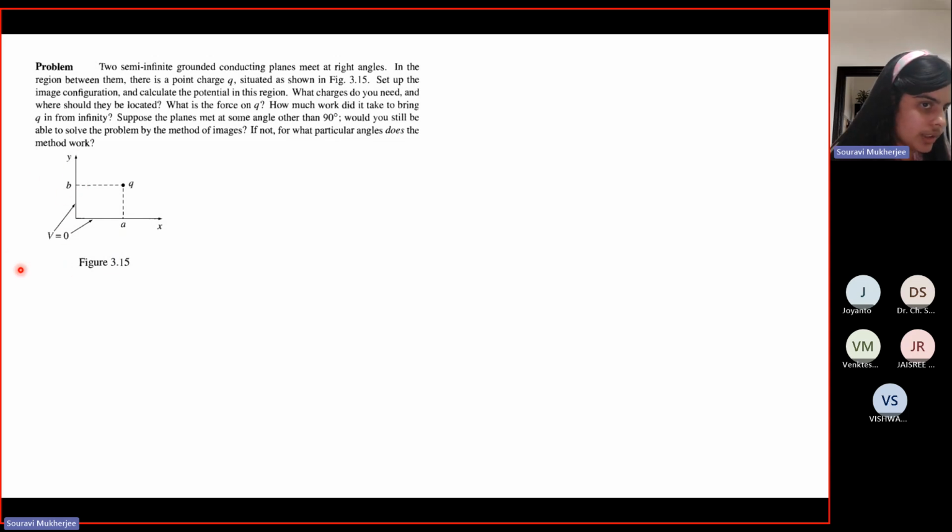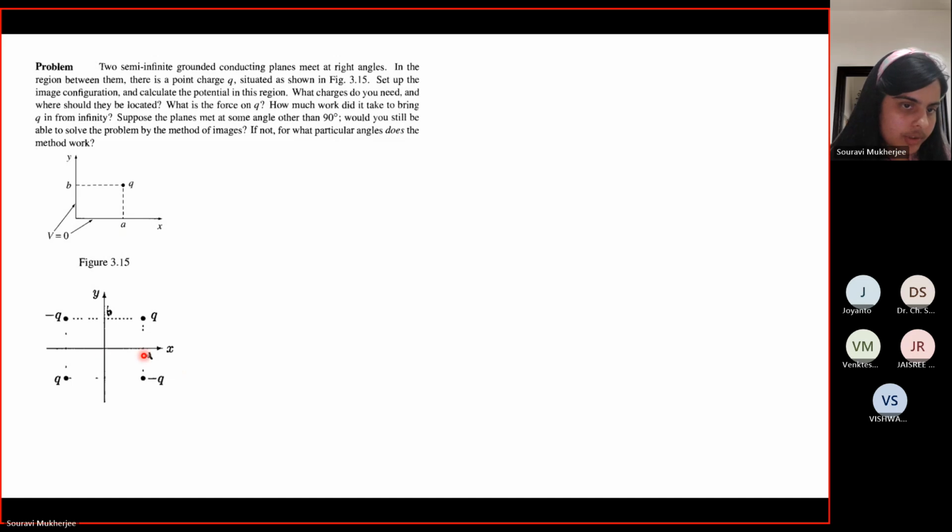So you need to put a plus Q in this direction. So basically something like this, right? From plus Q, you put a minus Q, which makes the potential 0 along positive x. Now, because you also need the potential to be 0 along y, you put a plus Q here, okay? And then because you also need the potential to be 0 along minus x, right? So that means again here you put a minus Q, right?